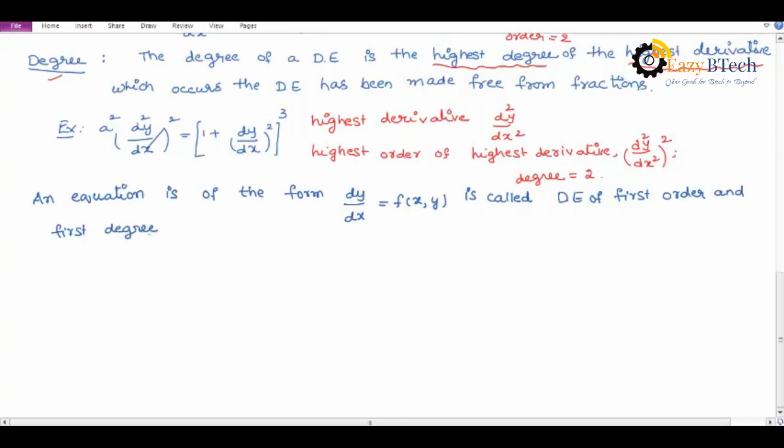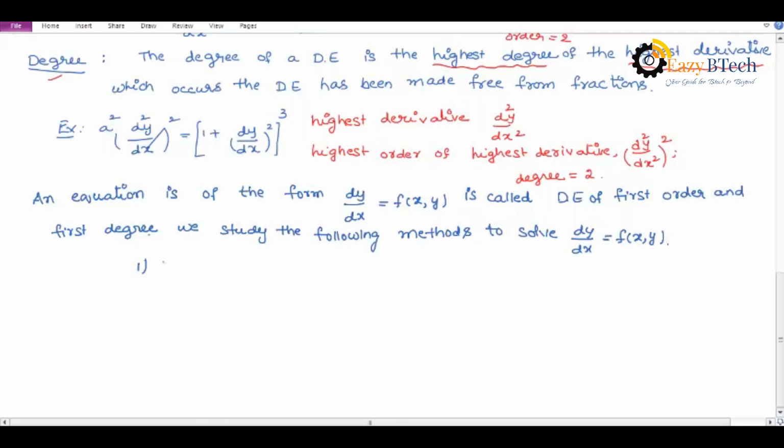So we study the following methods to solve first degree and first order differential equations, that means dy by dx is equal to f of x comma y. So what are the methods here?